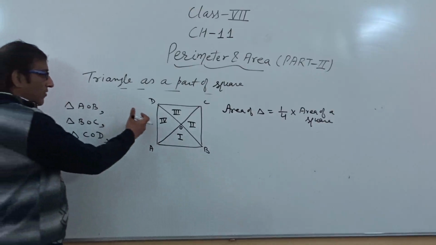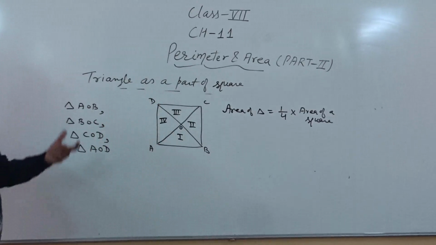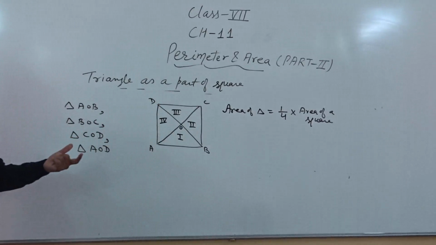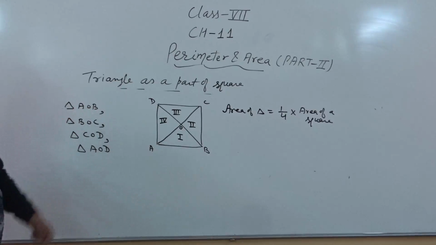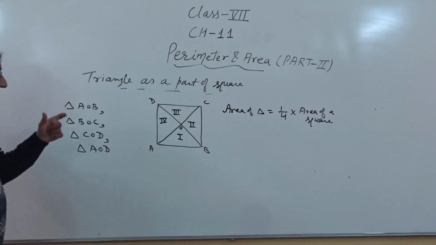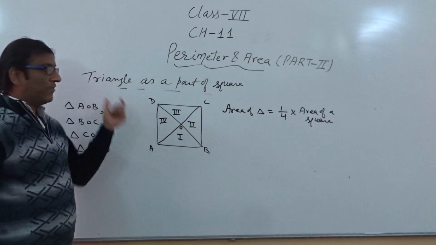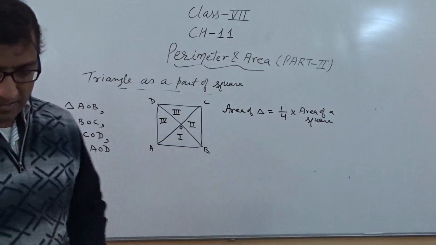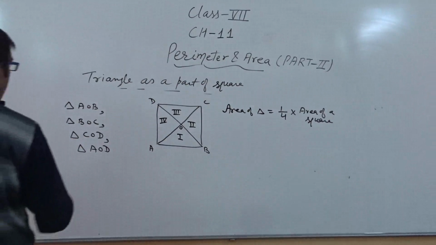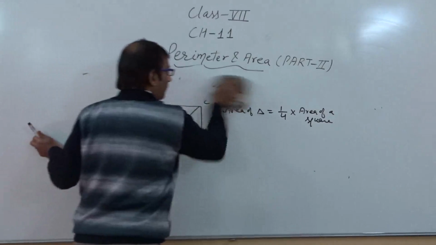If their dimensions are given to us, then we will calculate very easily, because area of a square is side into side, and with the help of this concept we will easily calculate area of triangle. So we can say triangle is a part of rectangle as well as squares also. After this, we will come to the next concept.